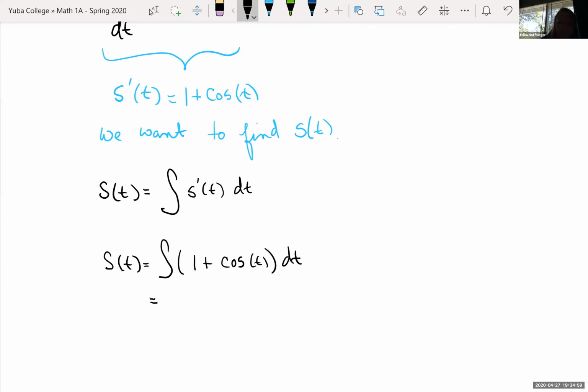So the antiderivative of 1 is 1t. If I took the derivative of t, that would get me back my 1. Now I need the antiderivative of cosine. That would have to be negative sine, is that right? No, it would be plus sine. Let me just think about it. If I took the derivative of sine, that is positive cosine. So it is sine of t, plus some constant c.